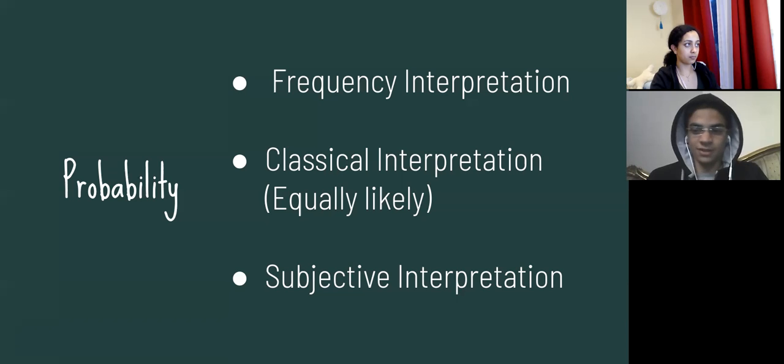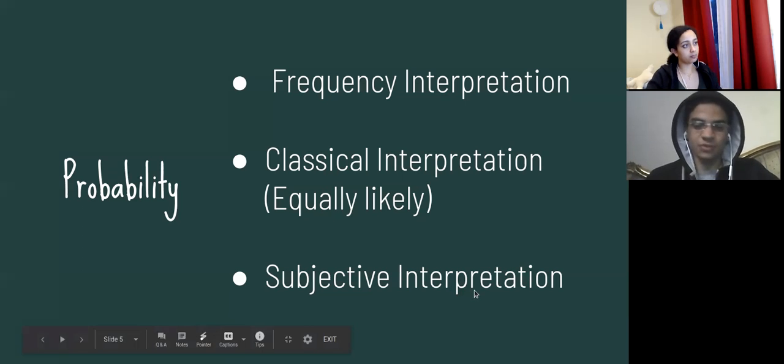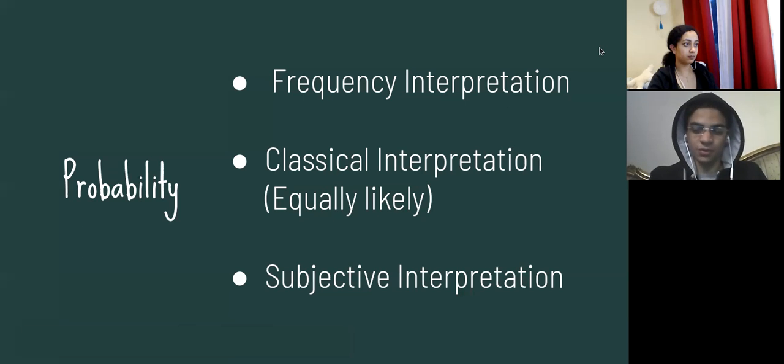But for you, as an observer who does not have enough knowledge, you would start assuming a probability. So rather than being certain about something, you would say it has a 50% chance of being true. So the subjective interpretation simply says that the probability is not a description of the thing, but rather a description of our knowledge of the thing.